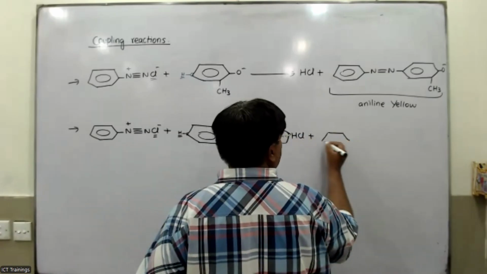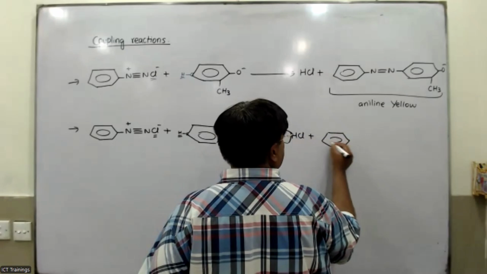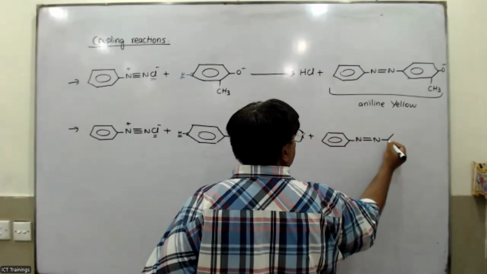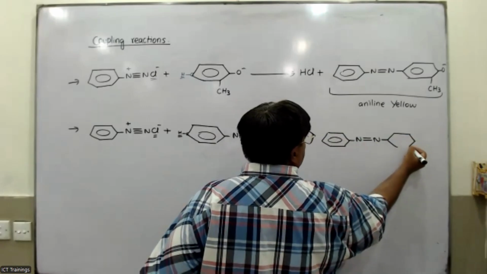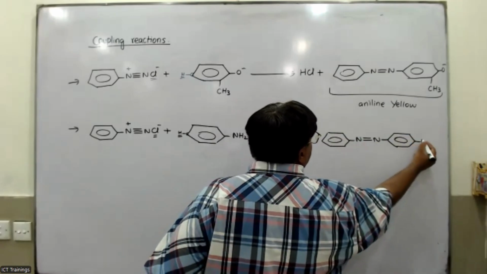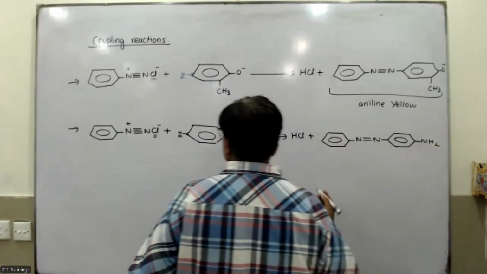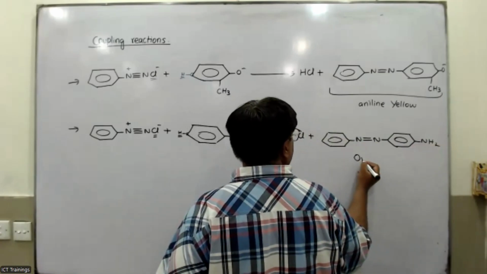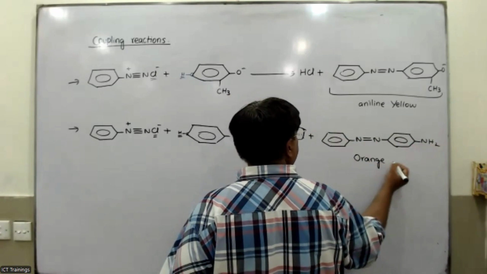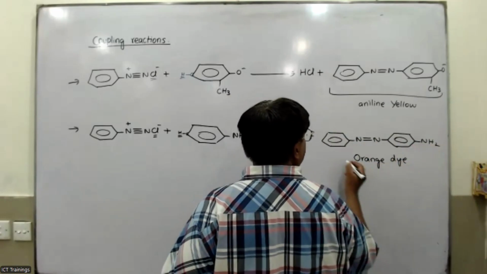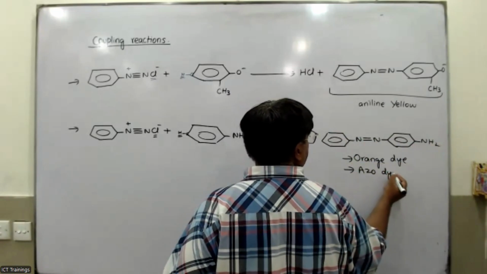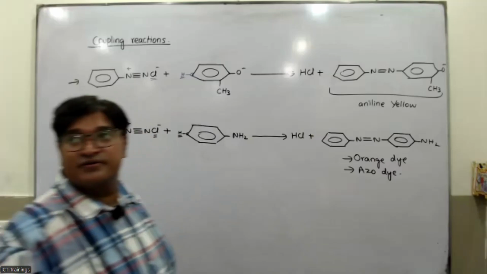So this is benzene, it got nitrogen double bond N, and this is another benzene. This structure is actually the orange dye. This dye is also named as azo dye.